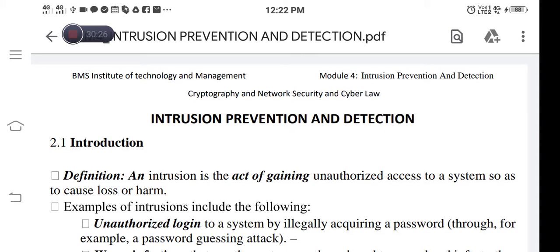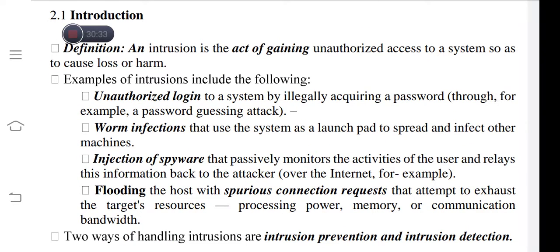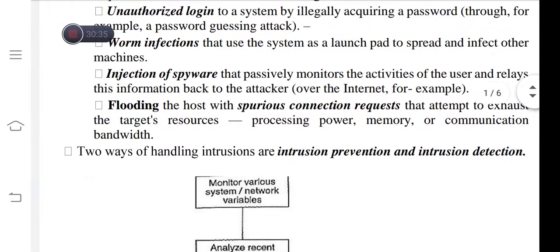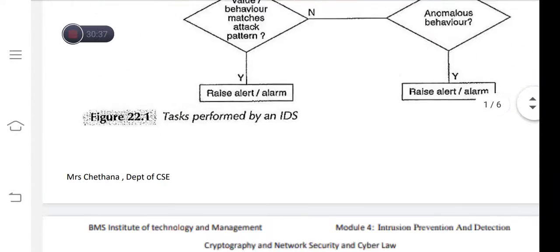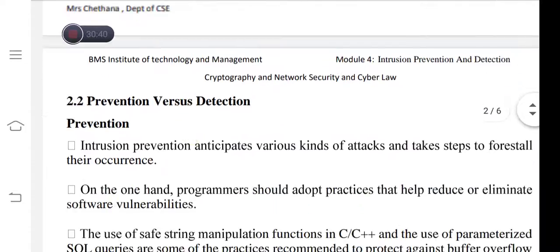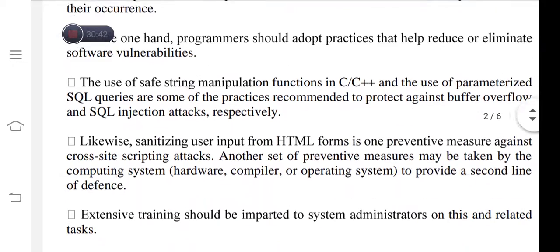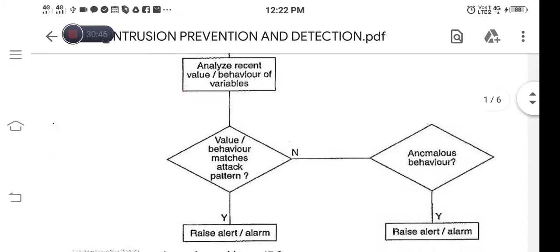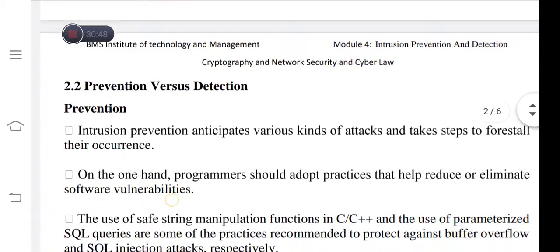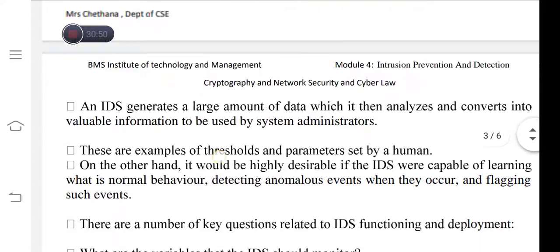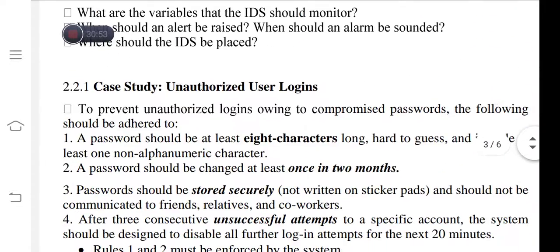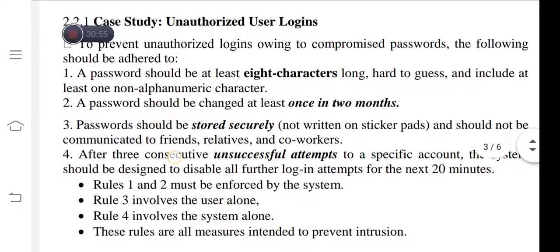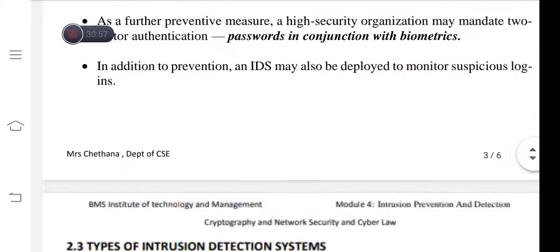So today in class we discussed intrusion prevention and detection, the definition of intrusion, and examples of intrusions. Then the various points with respect to prevention versus detection, and a flow chart with respect to the intrusion detection system. Then the case study of an intrusion with respect to unauthorized user logins.